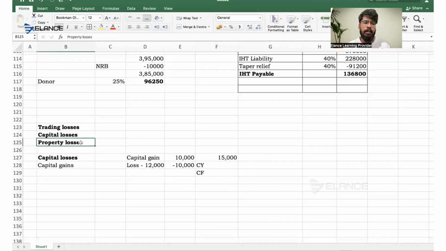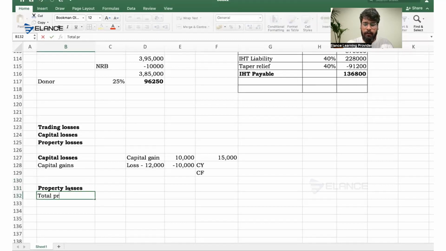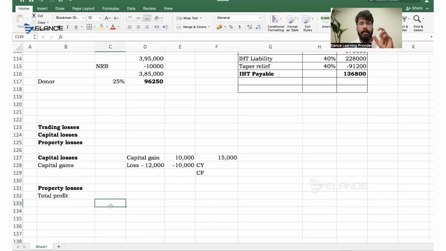And the next thing is property losses. Okay, the property losses we can set off from total profit. Okay, from total profit of the company, we can set off the property losses. And we should set off the property losses from the current year itself.